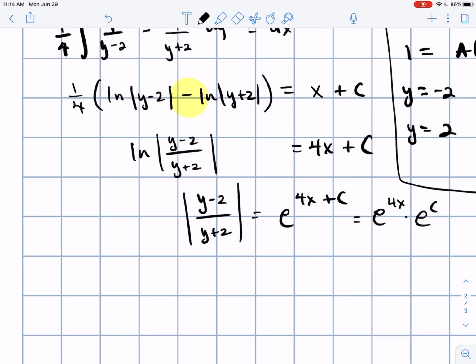But again, this e to the c is still just a constant. So I'm going to write it this way: y minus 2 over y plus 2 in absolute value equals c e to the 4x.